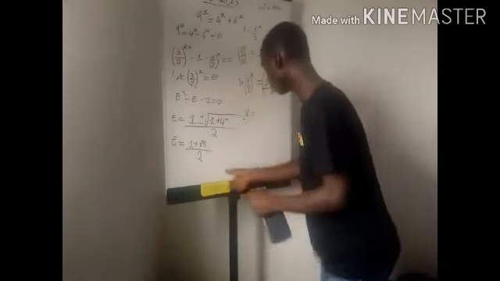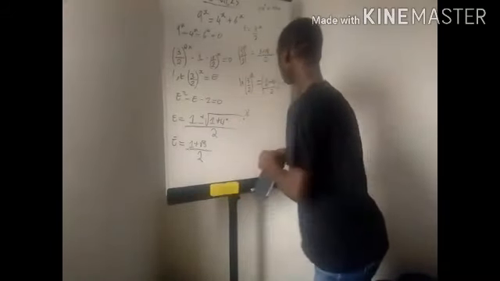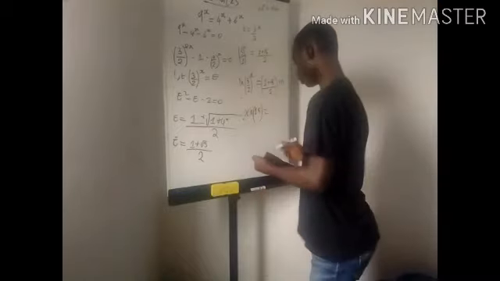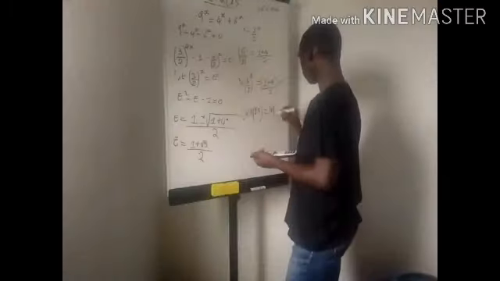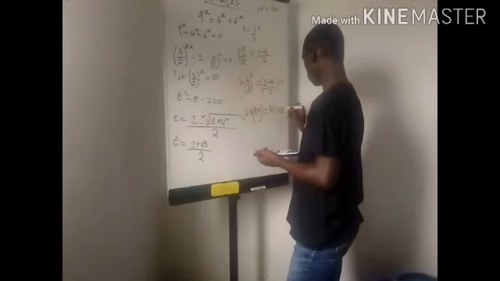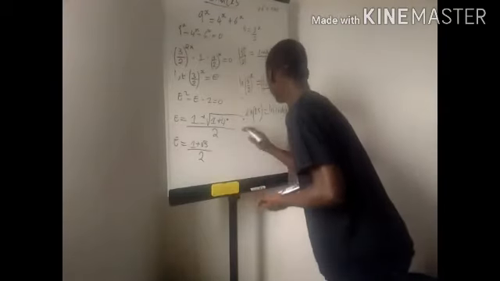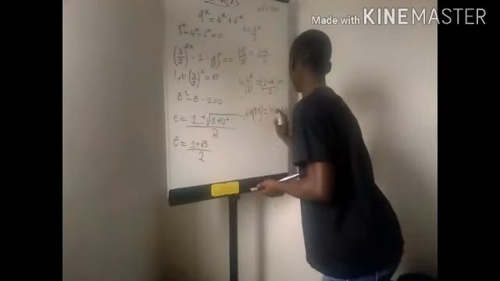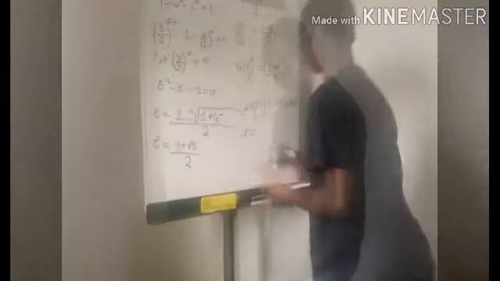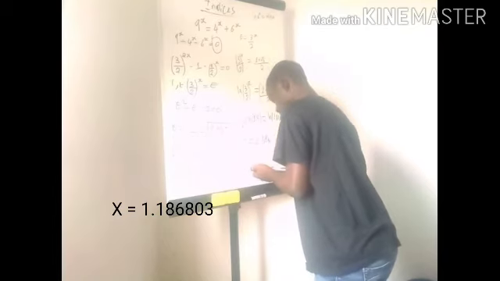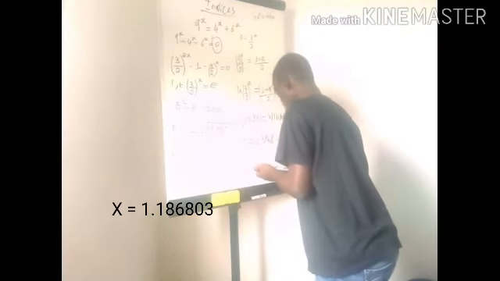So x ln of 1.5 equals ln of 1.61803. At the end of the day, we divide this by this to get x. x is going to be equal to 1.18680831.